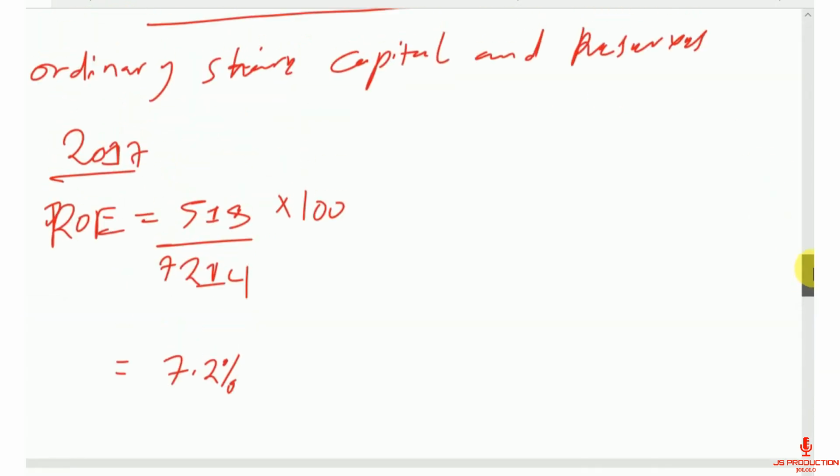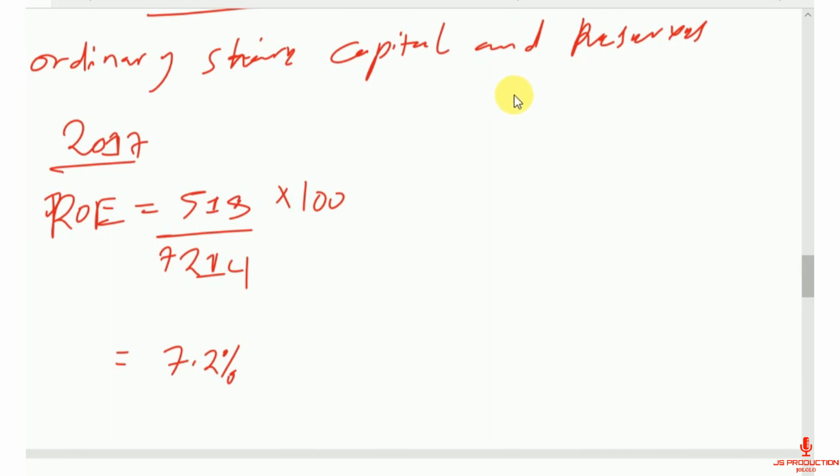Let us look for 2018. So return on equity is equal to net profit after long-term interest and tax divided by ordinary share capital and reserves.